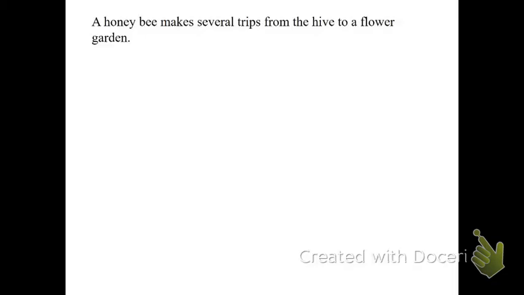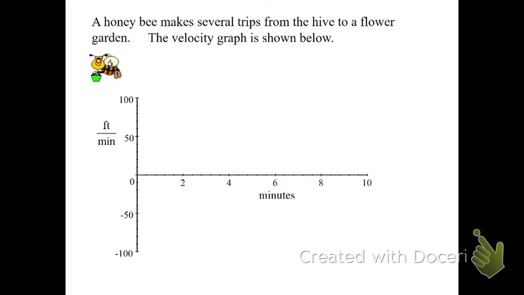Now, to help make sense of that a little bit more, let me show you this problem. This problem is not necessarily the most realistic, but it does help make the point I just made on the last slide. This is the velocity of a bee going back and forth from his hive to a flower. And this bee is a little crazy.